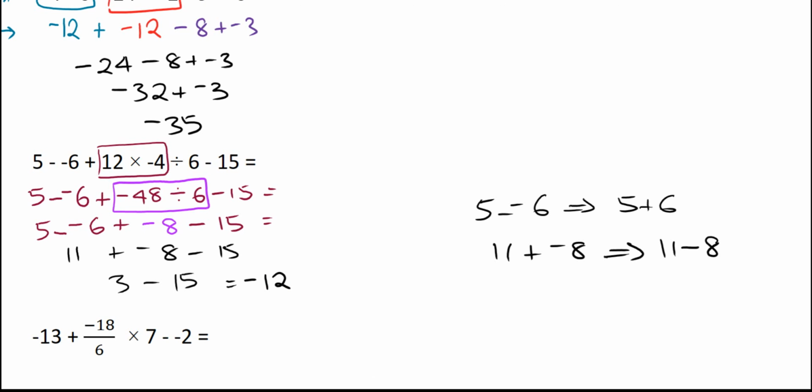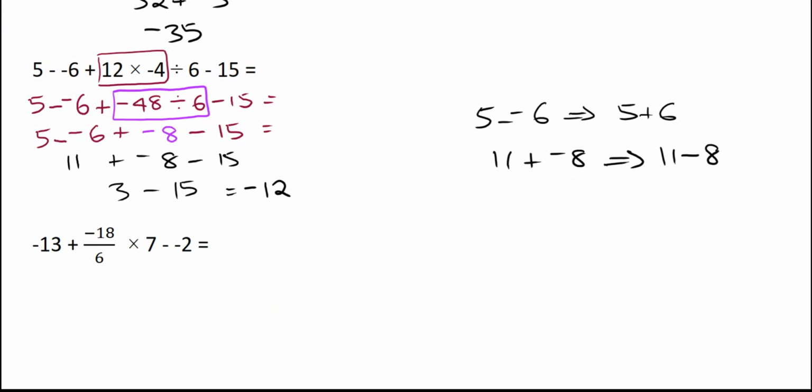Okay, this last one. No brackets, no exponents, but I do have a division here. So if you look at this, -18 divided by 6. So you might have seen it in previous sums. This means the same thing, -18 divided by 6.